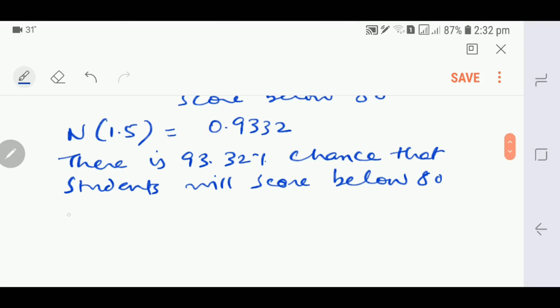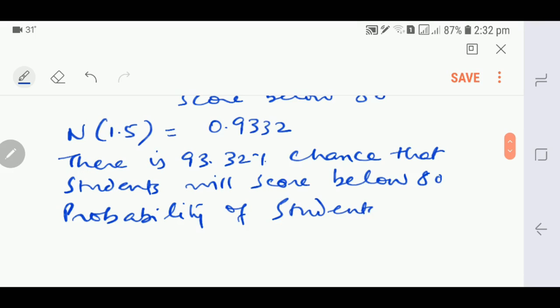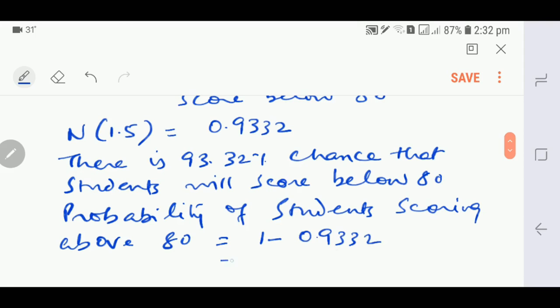So the probability of students scoring above 80 is equal to 1 minus 0.9332, which is going to give you 0.0668, which is equal to 6.68%.